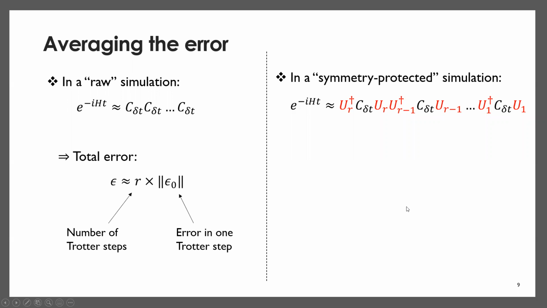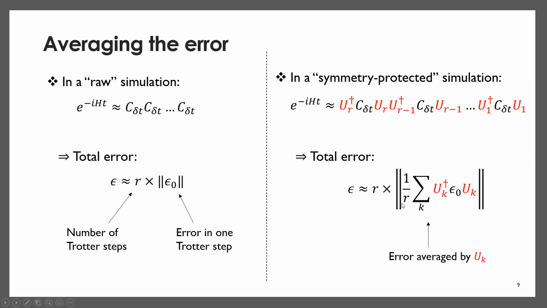More rigorously, the total error in a raw simulation typically scales as the number of Trotter steps multiplied by the error in one Trotter step. And we can show that in a symmetry protected simulation, the total error will still be the number of Trotter steps, but now multiplied by an average version of the error in one Trotter step.